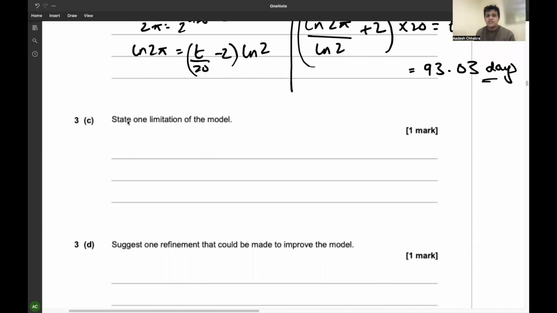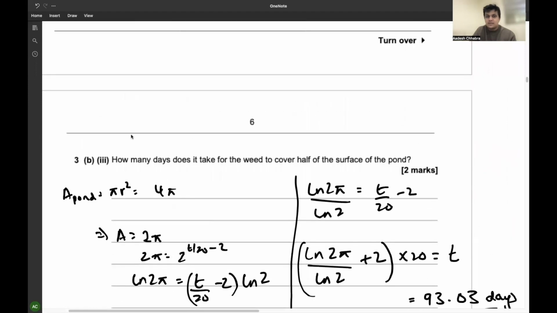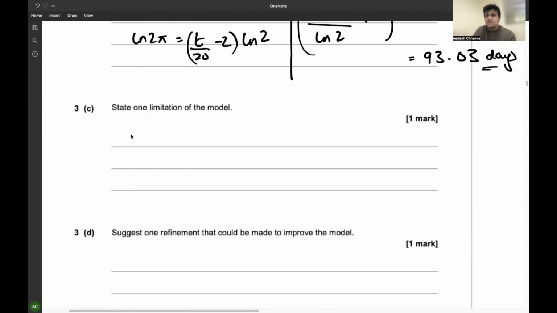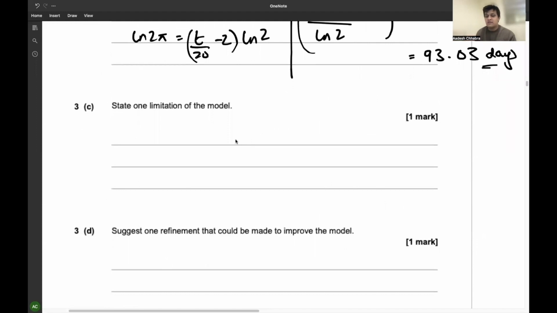Now, in question 3C, we've been asked to state one limitation of this model. I guess the biggest limitation is the fact that the growth of the weed is not limited, but the area of the pond is limited. So essentially, we know that the area of the pond is limited to 4 pi.